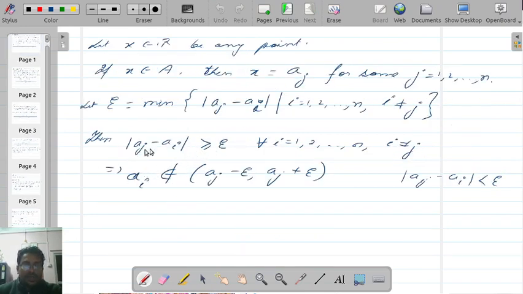So since mod of a_j minus a_i is greater than or equal to epsilon, none of the a_i's can be in this epsilon neighborhood.